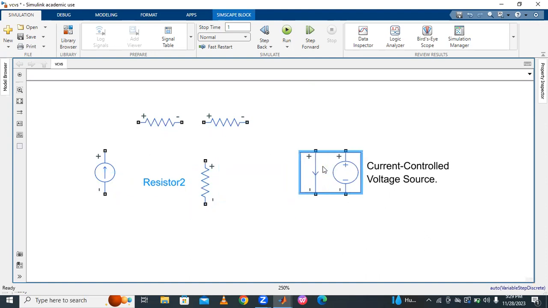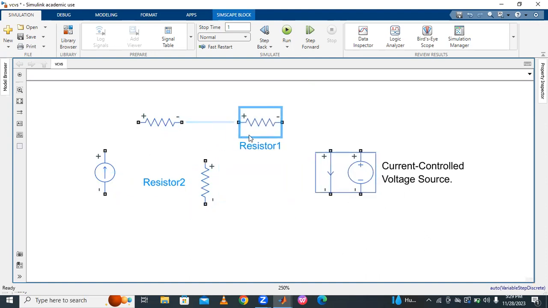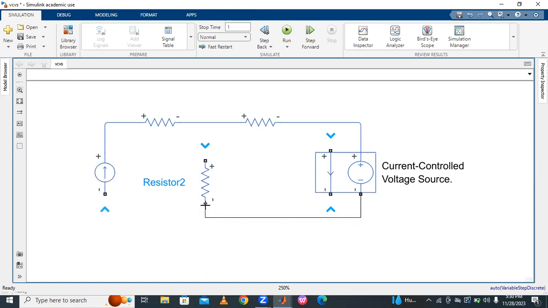In this way, the current sensor is connected. Connect all the elements in this way. They must be connected.